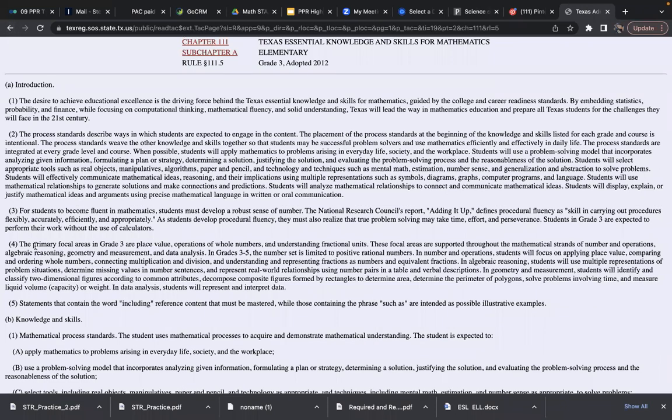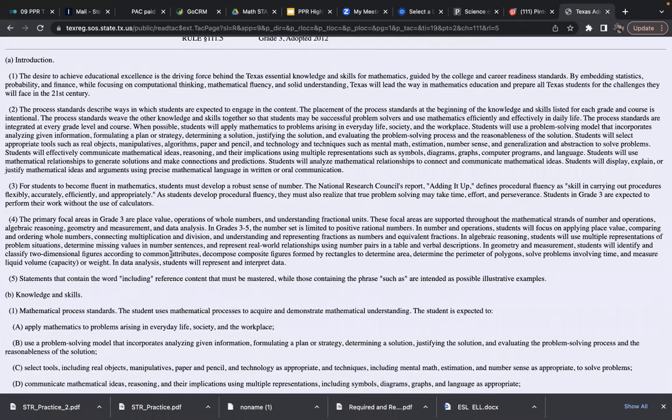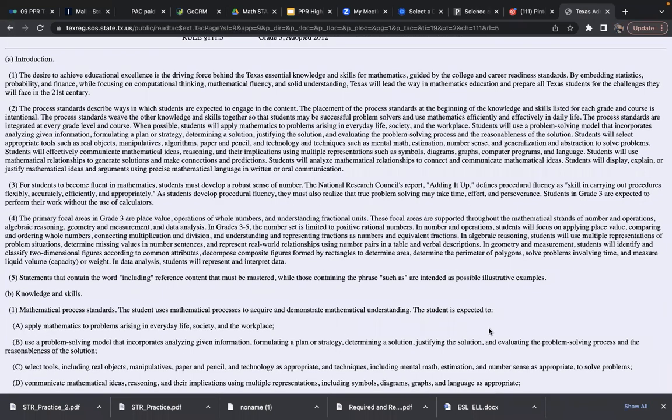In third grade, which is the first grade that they get assessed in by the state, the focus is on place value, operations of whole numbers, understanding fractional units.